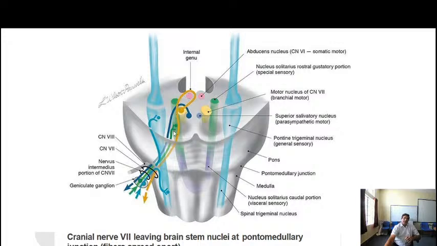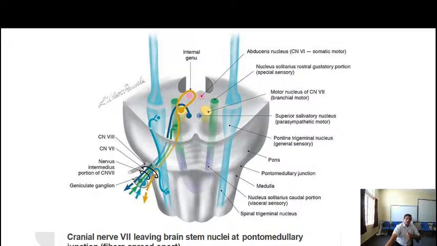Then, as it comes out through the pontomedullary junction, it joins the eighth nerve.